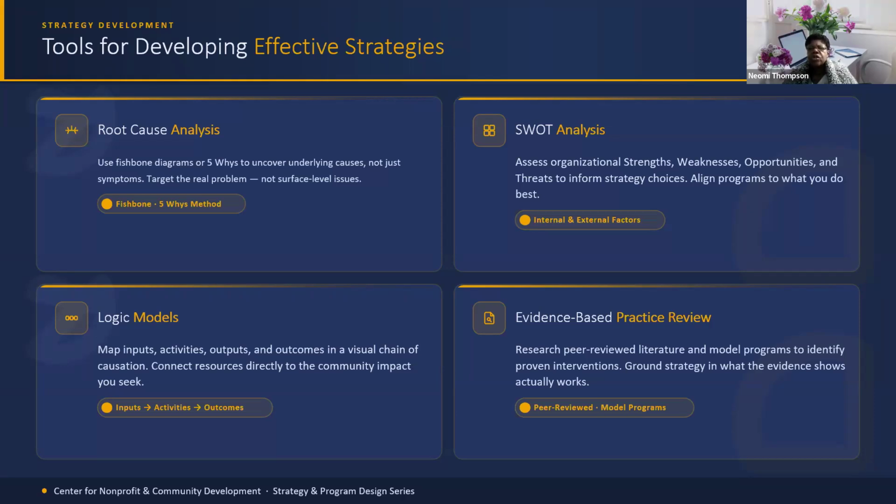Align the program to what you do best, considering internal and external factors. Evidence-based practice review: research peer-reviewed literature and model programs to identify proven interventions. Ground strategy in what the evidence shows actually works.